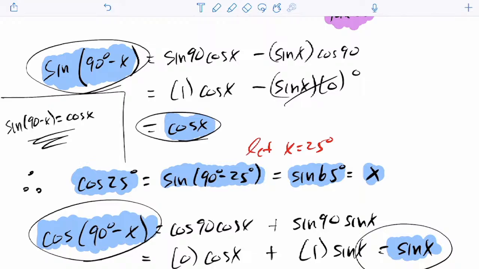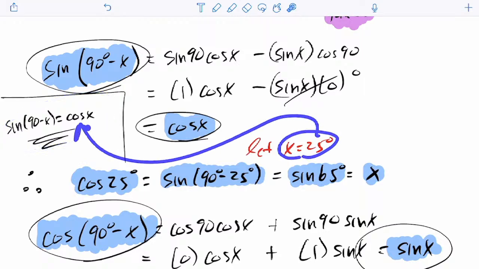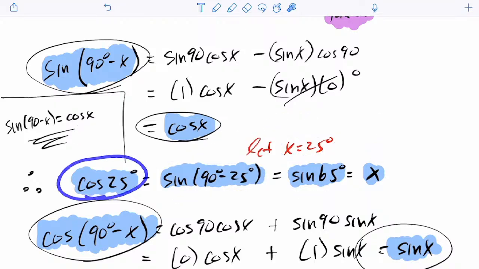So we have this relationship here, Yusria. What I did was I just let x equal 25. If you let x equal 25 here, you get the cos of 25 is equal to the sine of 90 minus 25, which is 65, which they told me in the question is x. They wanted the cos of 25 in terms of x and y. So I've got that done.